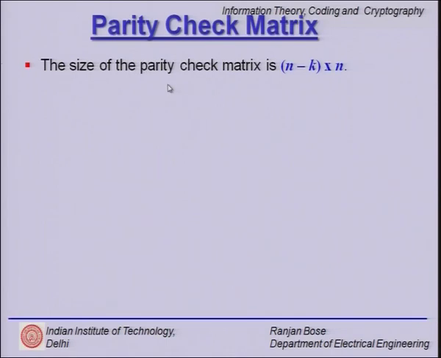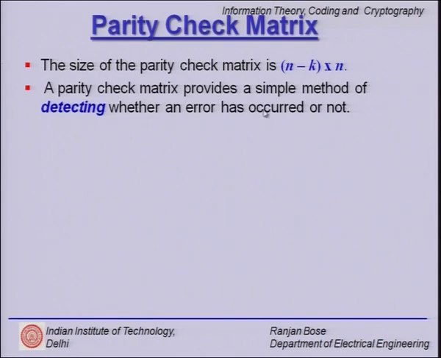The size of this important parity check matrix is n minus k cross n, and it is a simple method of detecting. Please note, it will only tell you whether an error has happened or not. It is not doing any job of correction so far.